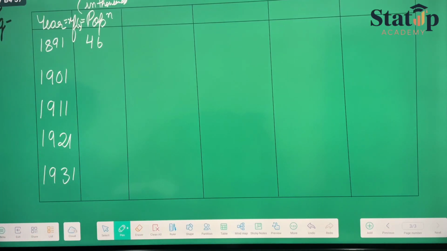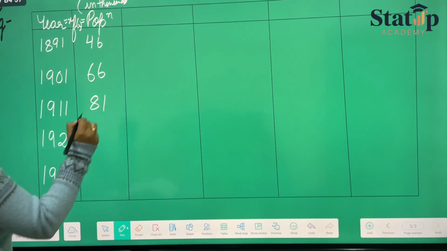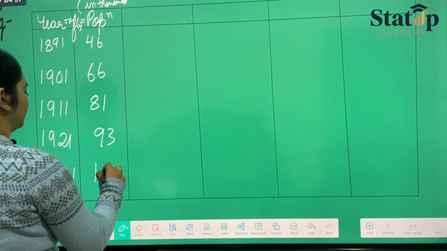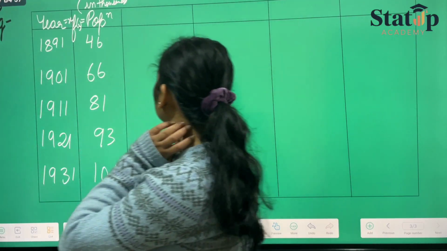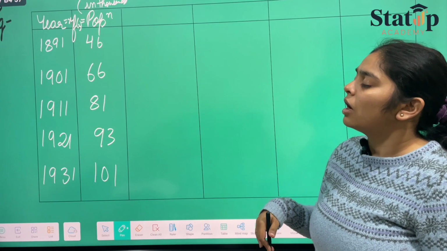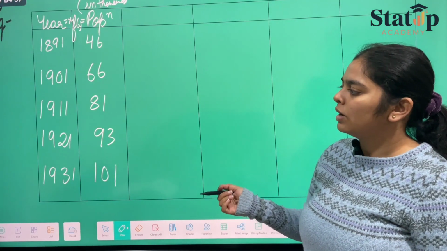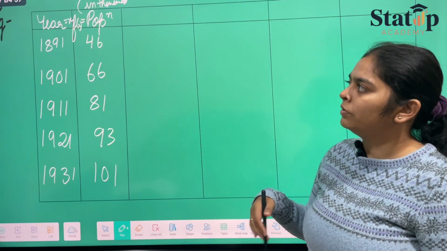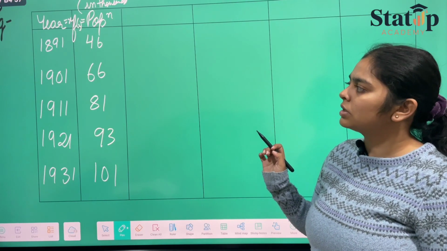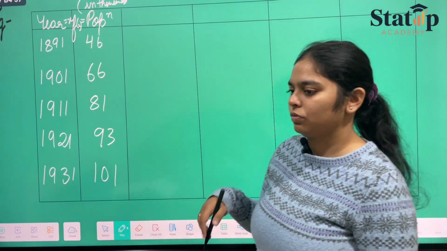These are the years that have been given: 46, 40, 66, 81, 93, 101. So this is the question that has been provided to us: the year as 1891 to 1931 with the gap of 10 years, and the population as fx in thousands, which is 46, 40, 66, 81, 93, and 101.